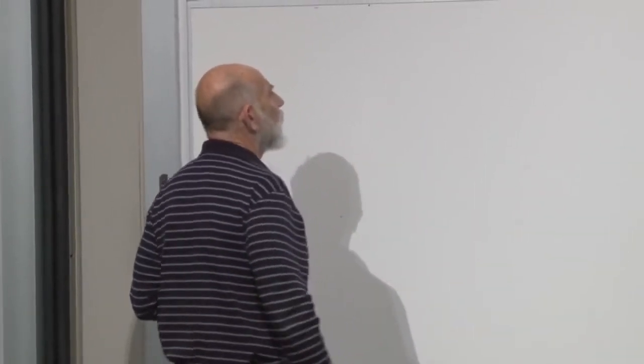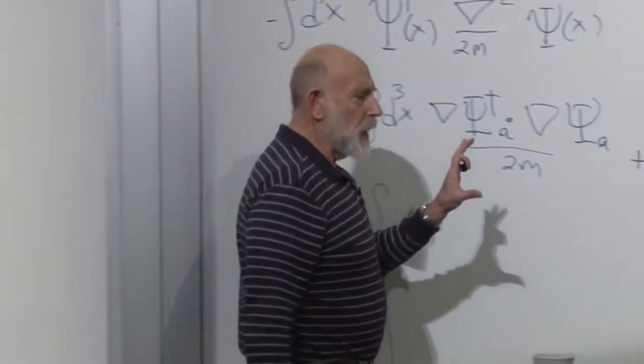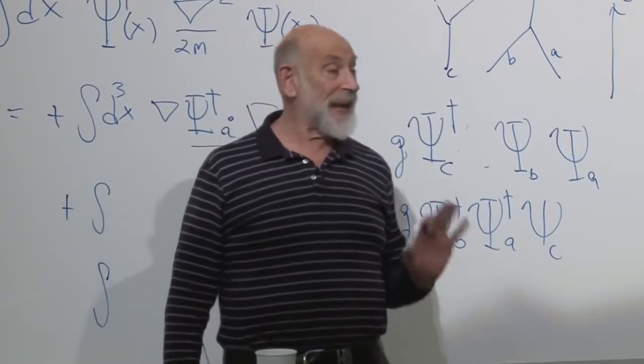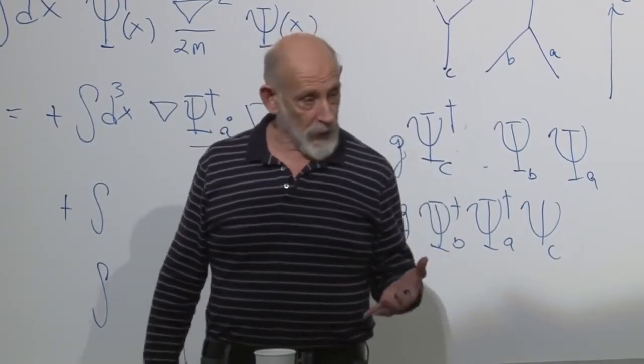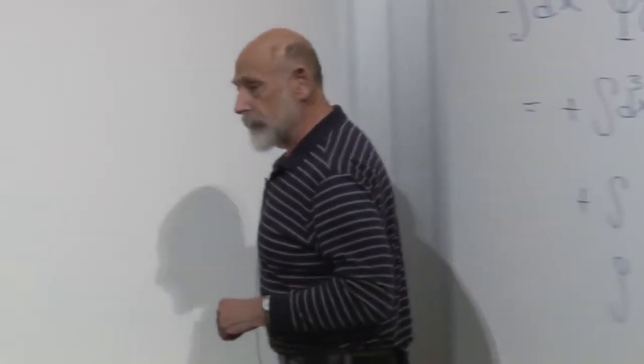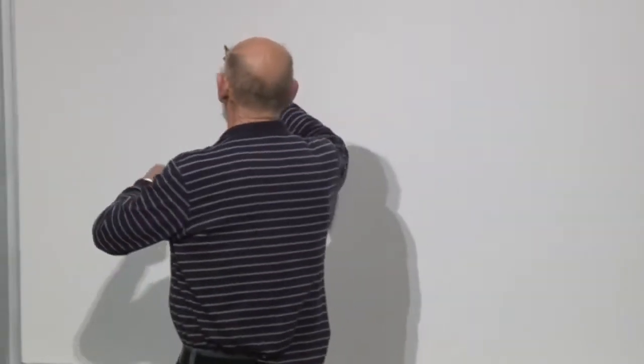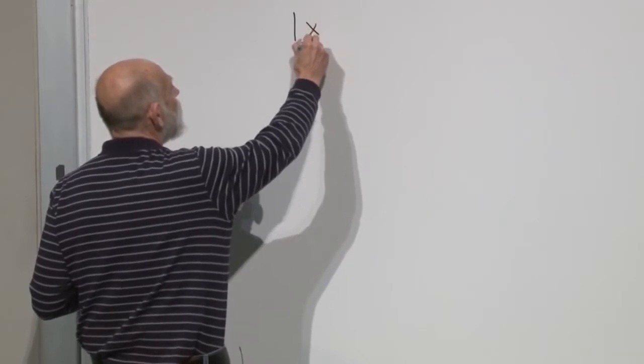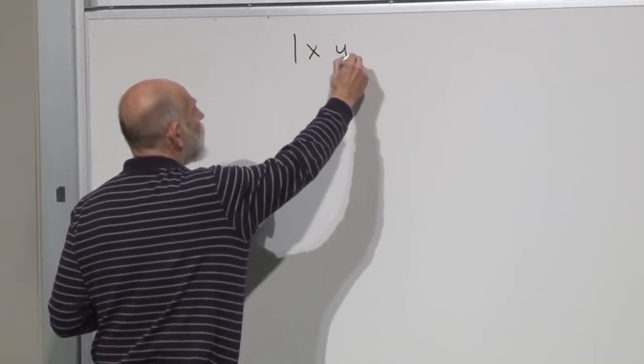Supposing we have two particles and we want to say that when we interchange them, the wave function or the state vector should change sign. So let's think about what that would mean for these operators that we're constructing. A particle at x and another particle at y.